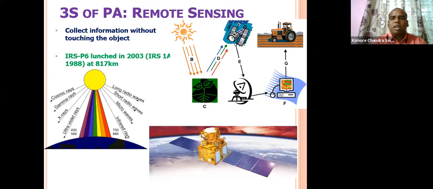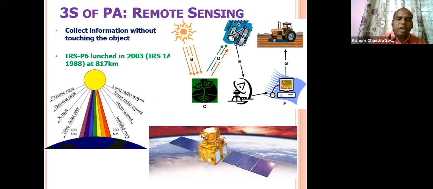Another major component of precision agriculture is remote sensing, because we have to reduce the number of field visits, and farmers are also not interested in visiting their farm. So we can use remote sensing for this purpose. Remote sensing is a technology where we don't have to go to the field. We can take images from the satellites, and it is based on the spectrum of sunlight, where we have the visible spectrum, which generally has a wavelength of 400 nanometers to 700 nanometers.